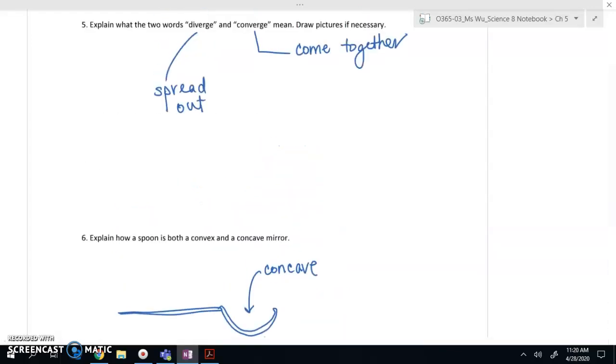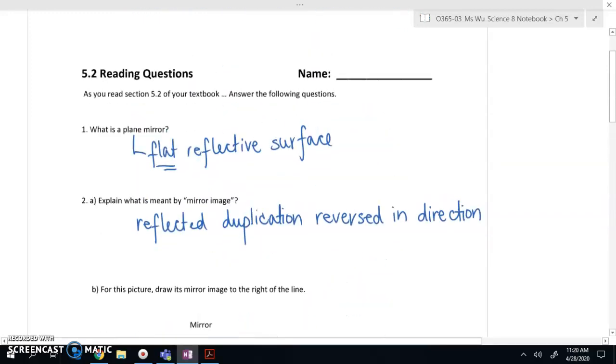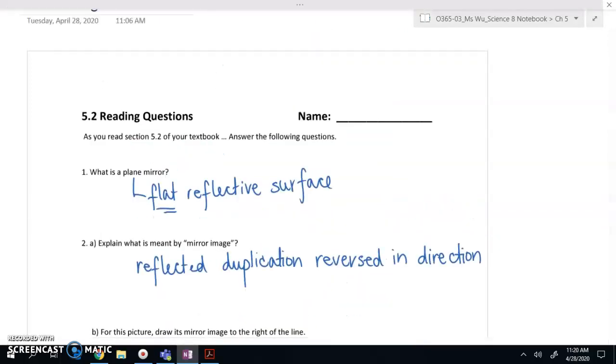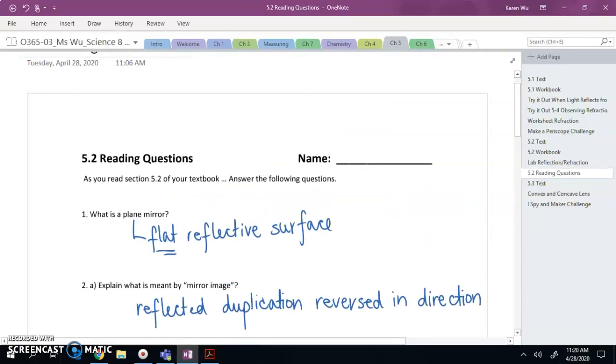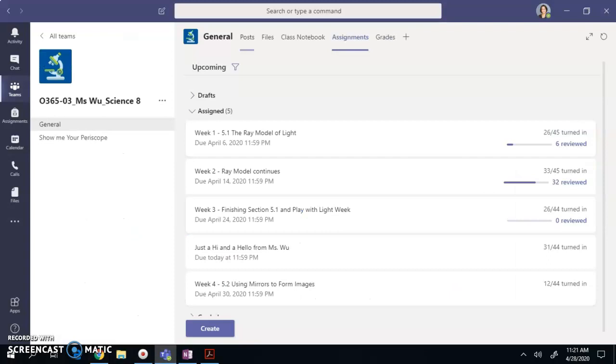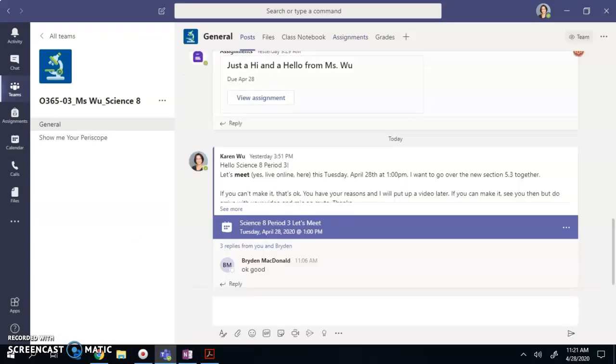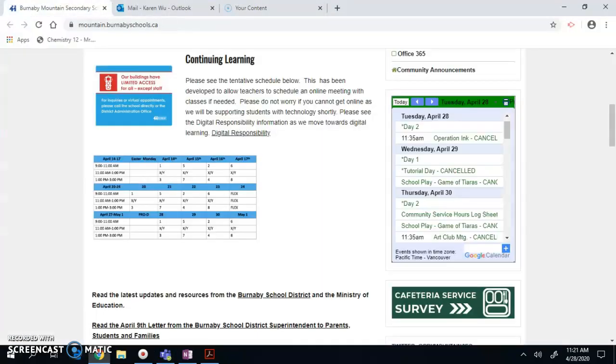Okay, so I hope you have had a chance to quickly read the section of 5.2 in your book to talk about concave and convex, and had some time to answer those questions. Now, I just want to remind you that you should check out Teams pretty much every morning. You know that I generally give you an assignment at the beginning of the week. So our normal schedule, there we go, all right? This is the Burnaby Mountain website.